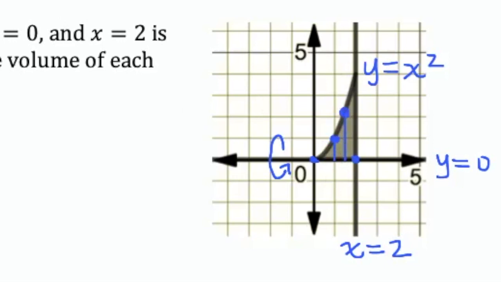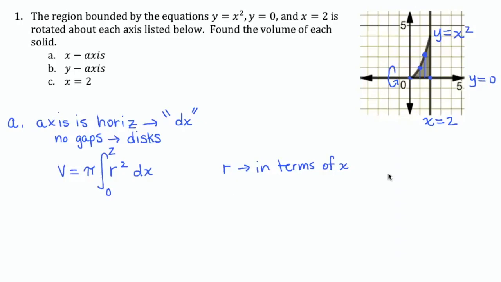So that tells me that yes, my radius is a function in terms of x. And the curve that is controlling the outputs, the lengths, the y values, is y equals x squared. So therefore, I know my radius is being controlled by the function x squared. I go to my integral, I substitute x squared in. Remember to put another squared on it.